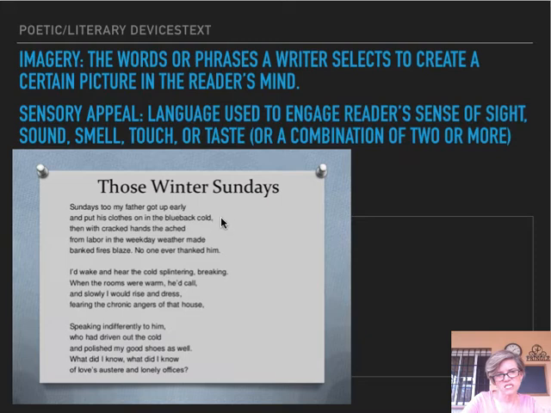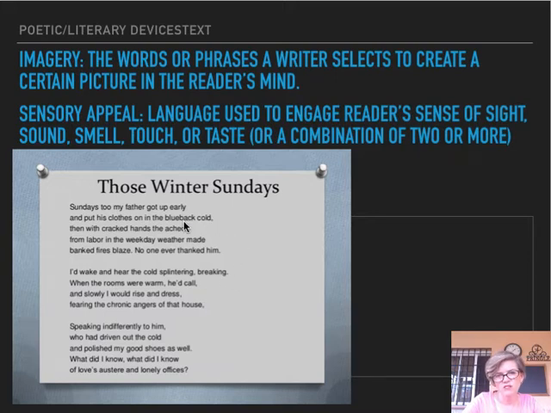He says, "Sundays too, my father got up early and put his clothes on in the blue-black cold. Then with cracked hands that ached from labor in the weekday weather made banked fires blaze. No one ever thanked him. I'd wake and hear the cold splintering, breaking. When the rooms were warm, he'd call."